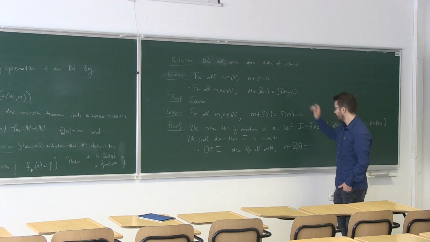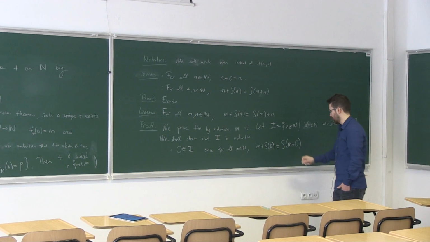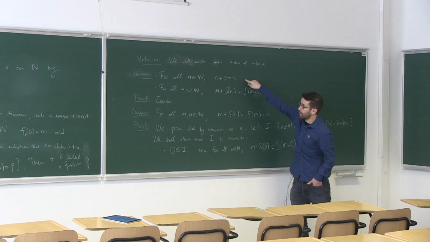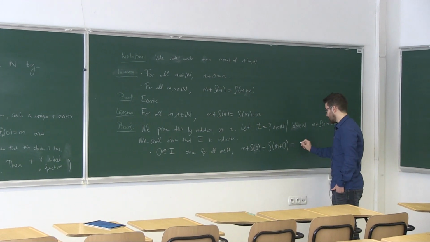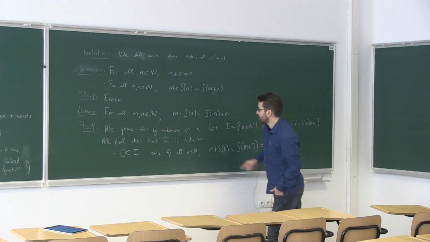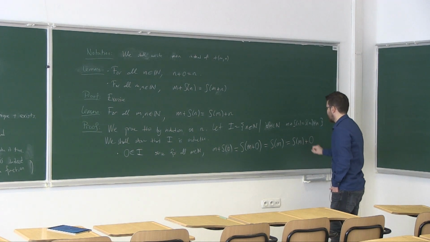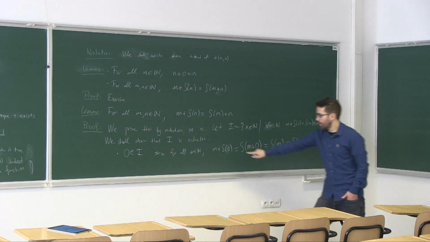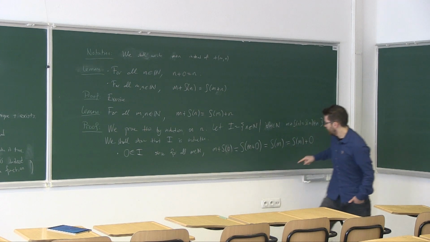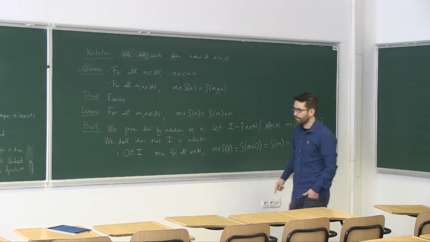This is, by this property, equal to the successor of m plus 0. Well, m plus 0 by the first property is m, so this is the successor of m. But again, by the first property, the successor of m is the same as the successor of m plus 0. So m plus s of n equals s of m plus n. Okay, so 0 is inside.